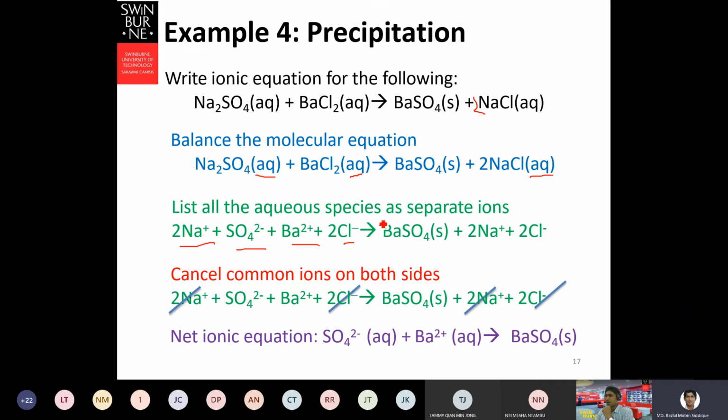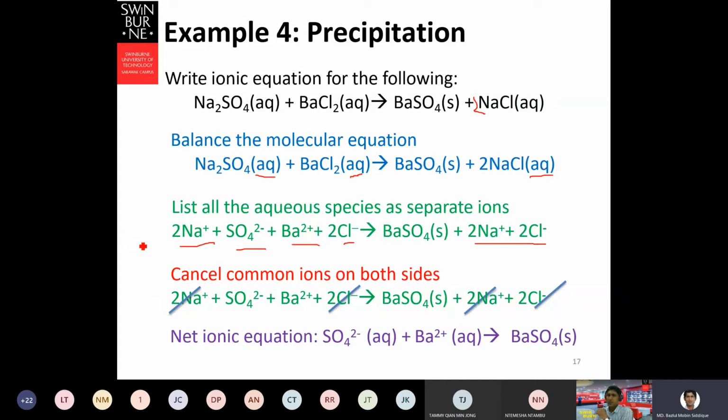And on this side, only sodium chloride, because of course they are all salts. Salts are always aqueous, and they are electrolytes. So they will form aqueous solution, so we write all of those in aqueous or ionic form.